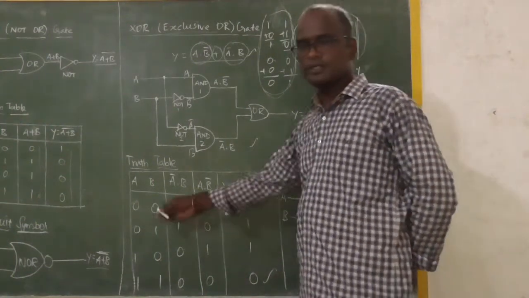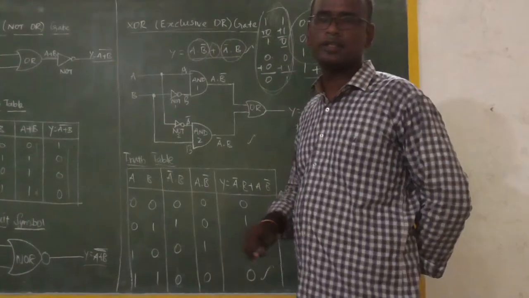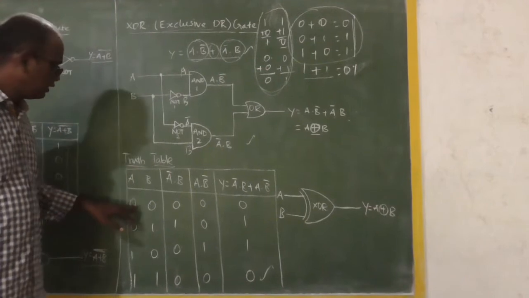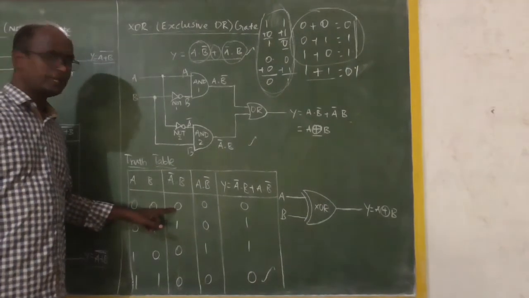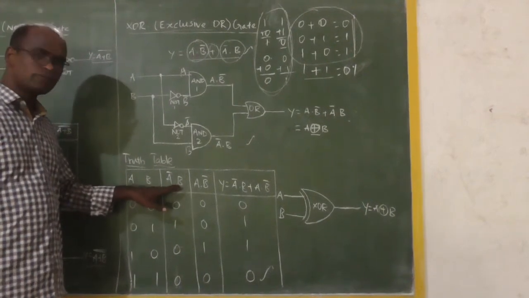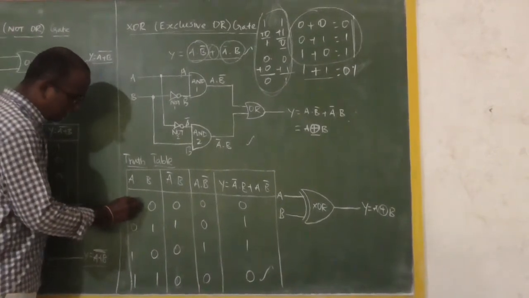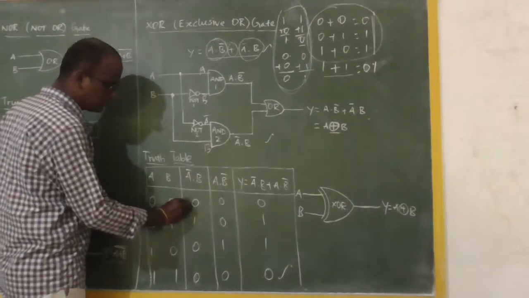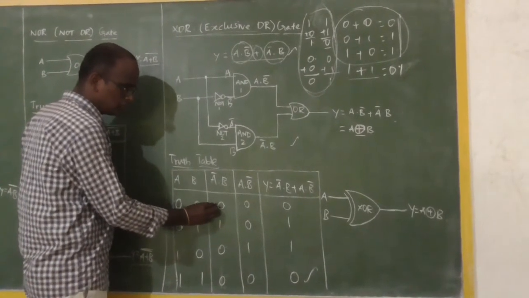Okay, let us see the truth table, how the result will be given by this XOR gate design. If we apply 0, 0 as the first combination, then the output of the first AND gate is A bar dot B. The result of the first gate becomes 0 for this condition because if A is applied with 0, then A bar will become 1, dot B. B is directly applied, so it is 0.